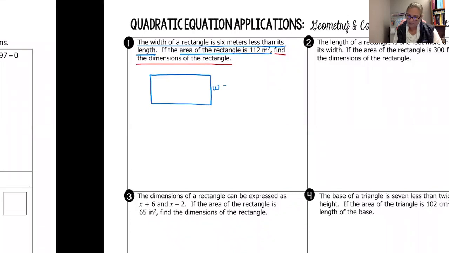So we have a rectangle, and the width is 6 meters less than the length, which means the length is x. Area of a rectangle is length times width. So that's x times x minus 6, and the area is 112. So that's x squared minus 6x.